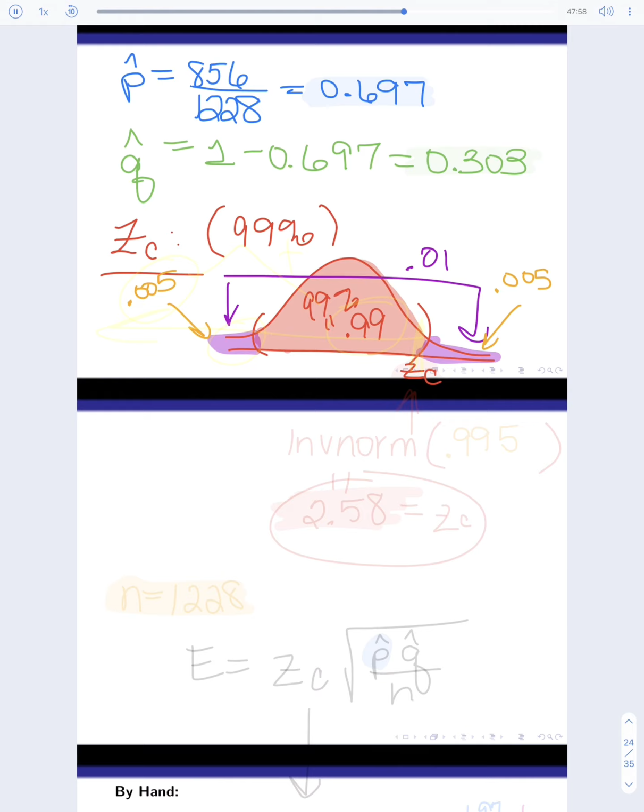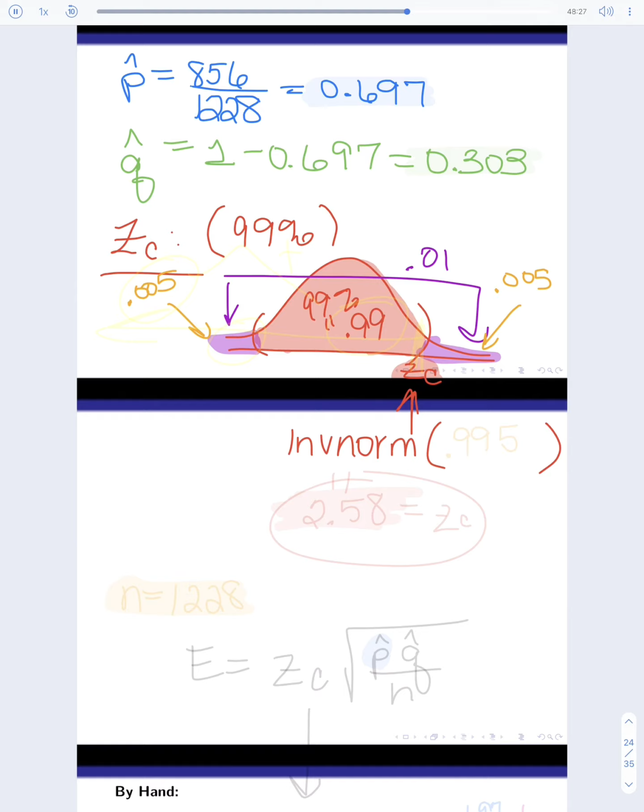Then the question becomes, how do I find that z-value? Well, if we've got an area or probability where our picture is filled in like what we have here, and you want to find the z-value, you have to use an inverse norm function on your calculator. And remember, the inverse norm function always takes an area to the left. So be careful.